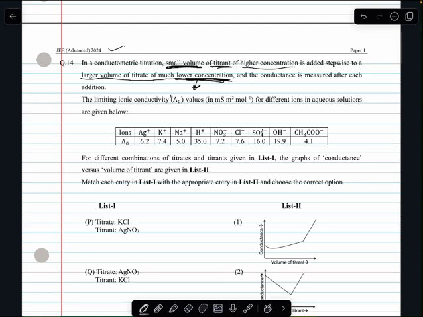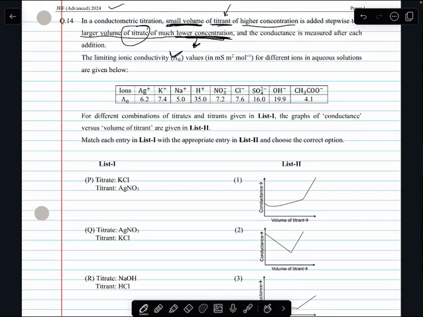This value of lambda naught can be applied only when the concentration is low, so we can apply it only on the titrate and not on the titrant, since its concentration is not very low. Now for different combinations of titrates and titrants, list 1 and list 2 are given. Match the entry of list 1 with the appropriate entry of list 2 and choose the correct option. Now let's start with the first one. I know that this is a large volume and this is a low volume.